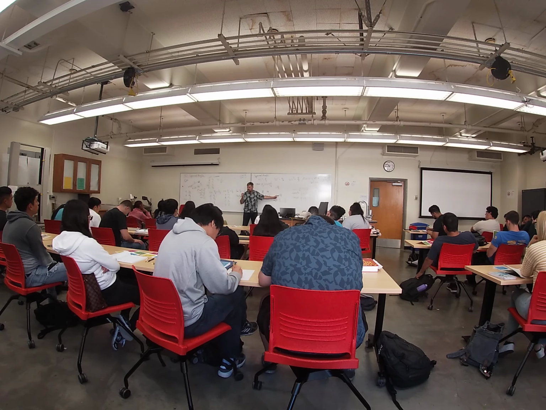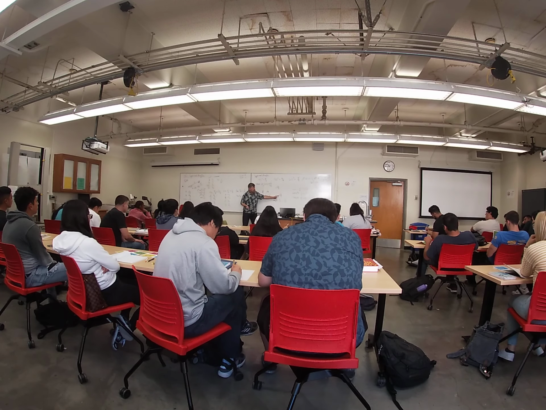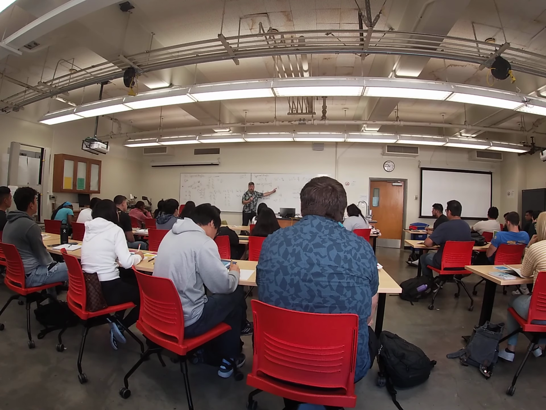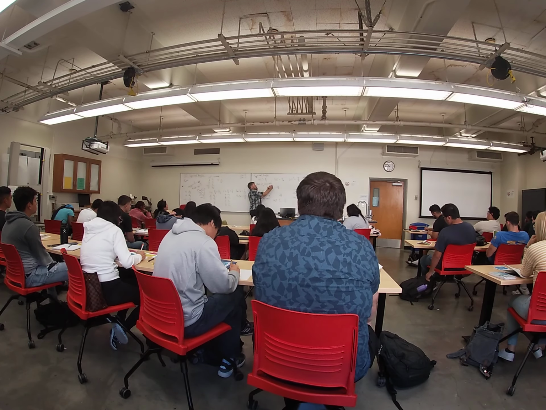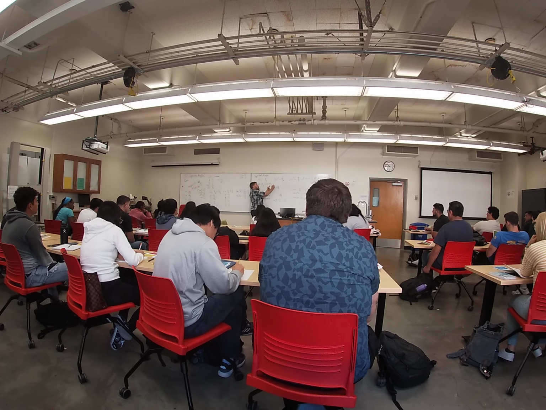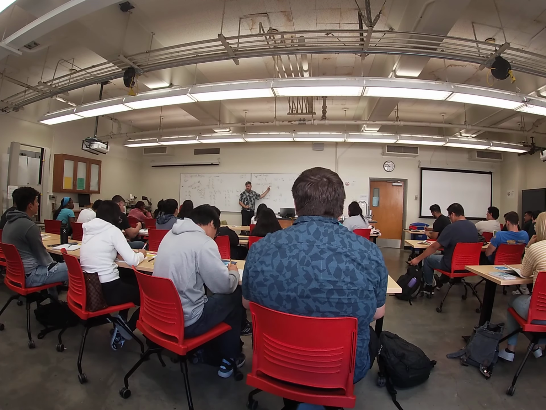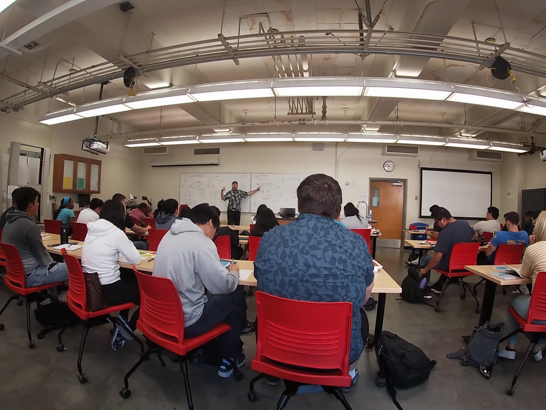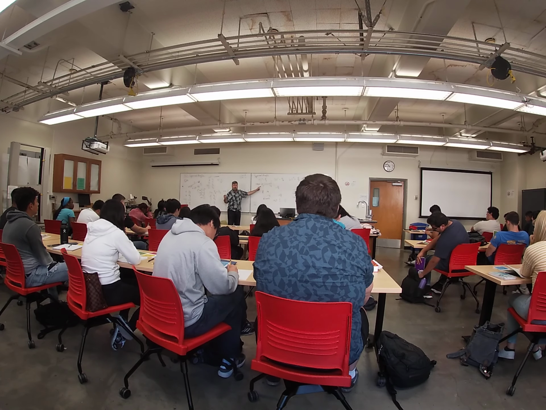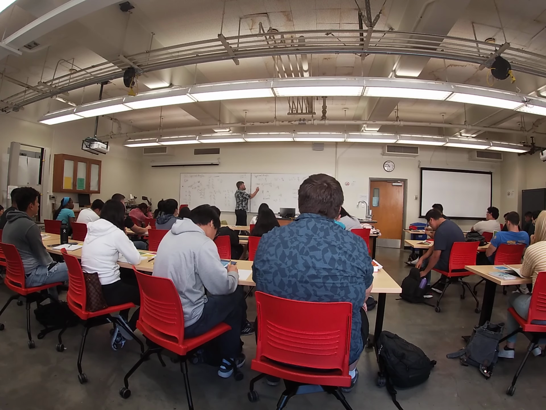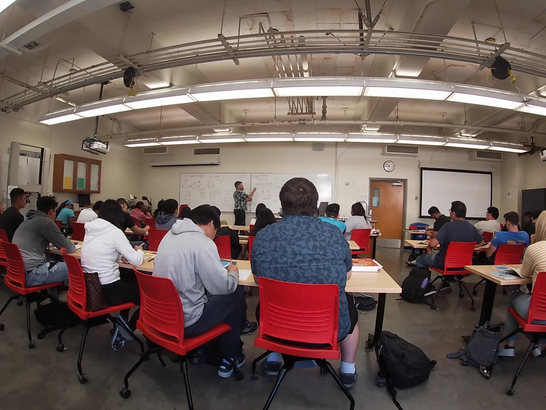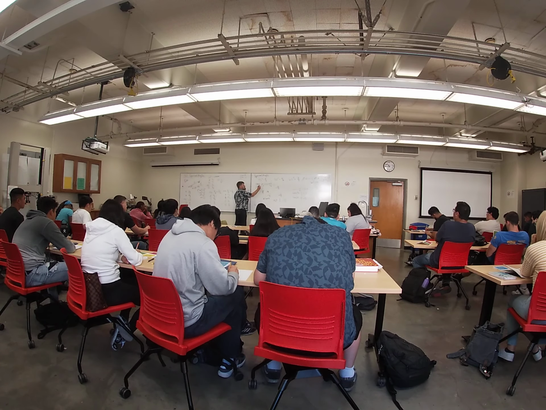Square root of 3 over 2. And then the next? Square root of 2 over 2. And the next? Square root of 1 over 2. And what do you think is going to be the next value of cosine? It's going to be the square root of 0 over 2, which is the same thing as 0.